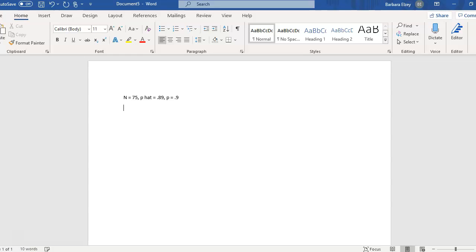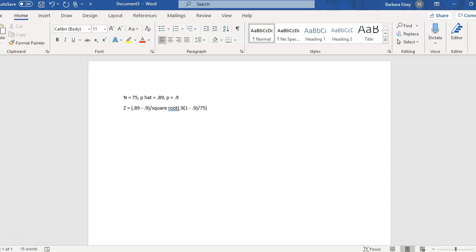Okay, so let's use our new formula, which we're going to have P hat 0.89 minus P on top, divided by the square root. And now we've got P times 1 minus P over N. So P is 0.9, 1 minus 0.9 divided by N, which is 75.